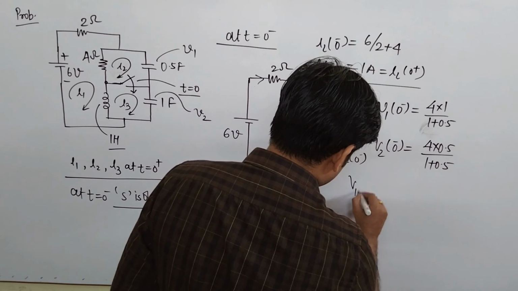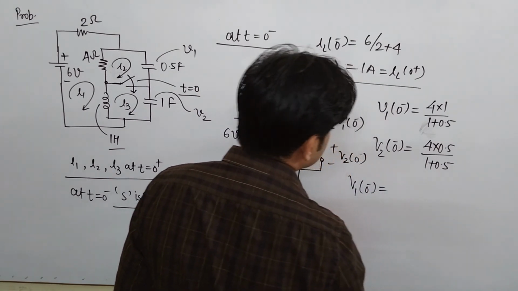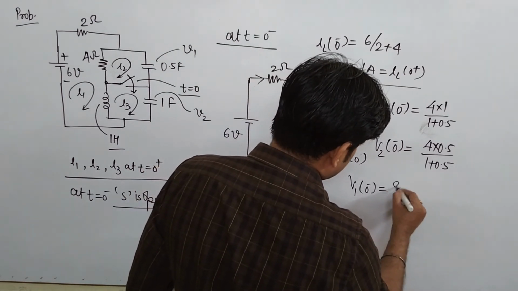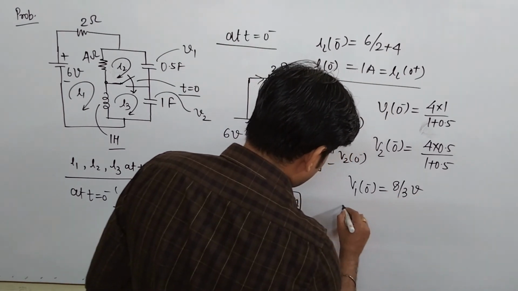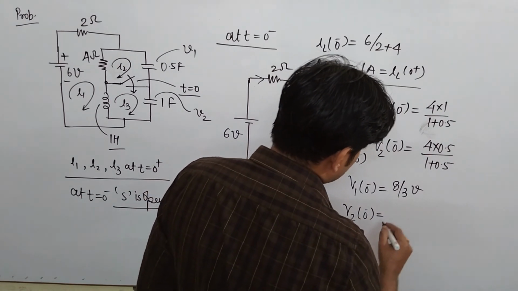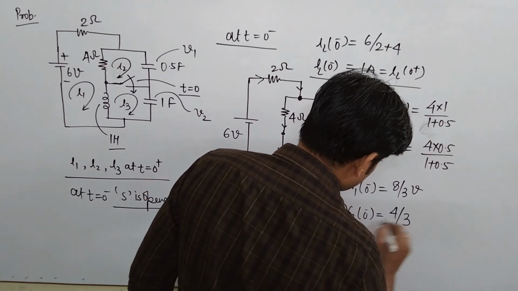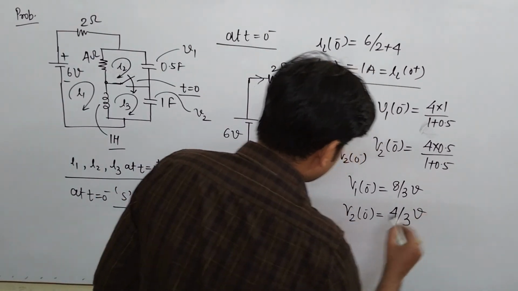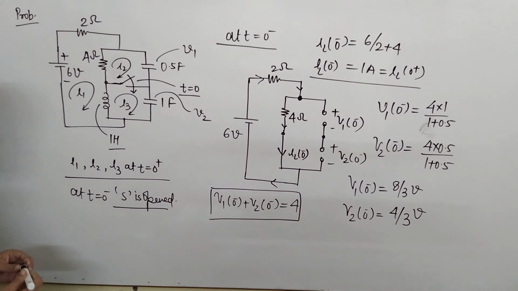So V1 0 negative comes to be how much? It is 8 by 3 volt, and V2 0 negative comes to be 4 by 3 volt. So in this way we have found V1 0 negative and V2 0 negative.